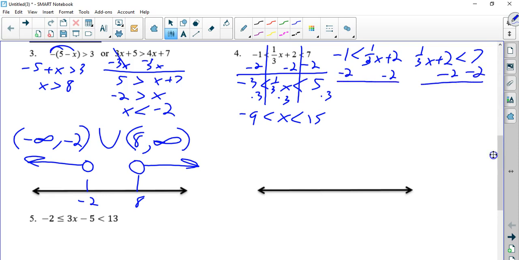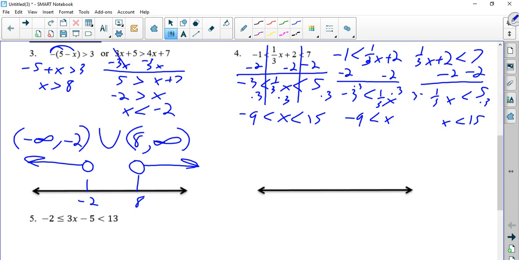Not a big deal, but whatever you want to do. So this is minus 3 less than 1/3 x. And we're going to times by 3, and there's my negative 9 less than x. Over here, 1/3 x is less than 5 times 3. I get x is less than 15.